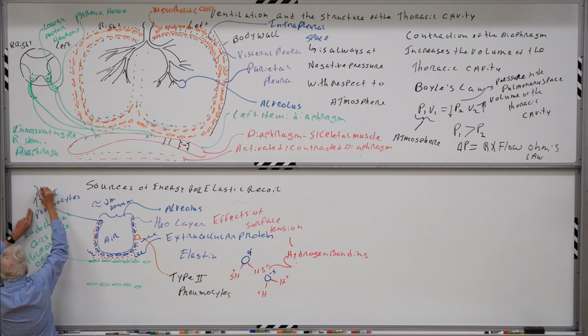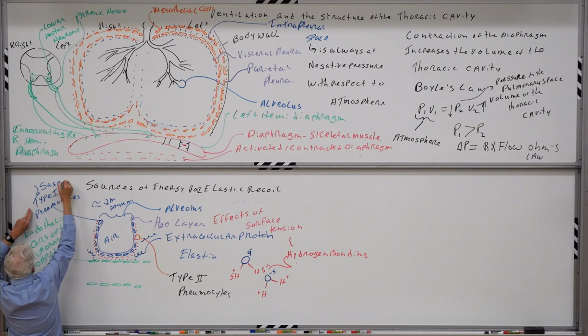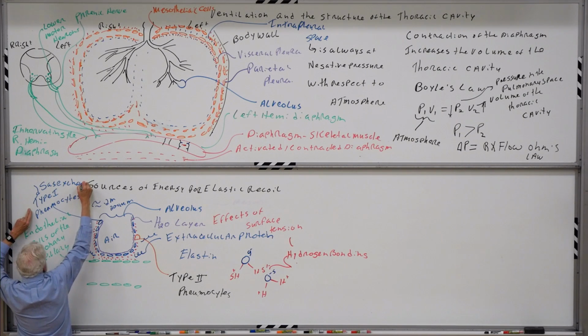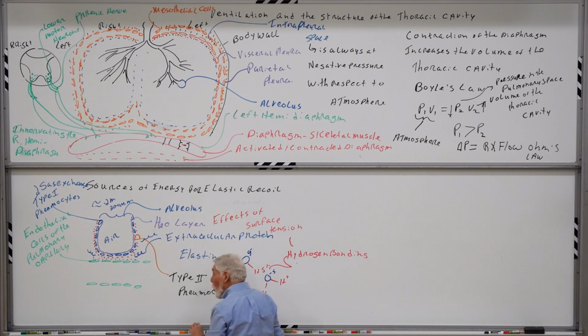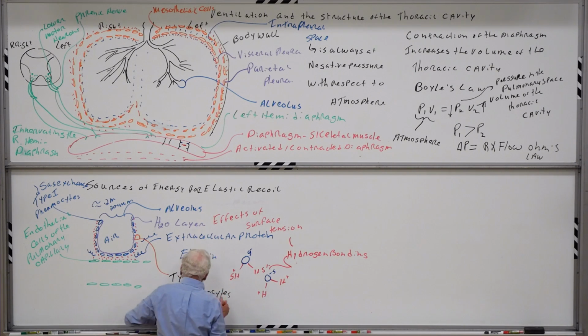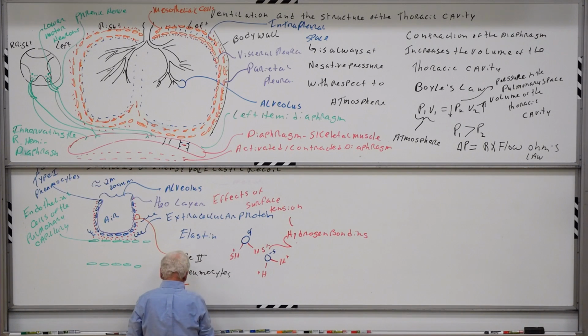And these are the sites of gas exchange. These orange type 2 pneumocytes have a different role. What they do is they secrete phosphatidylcholine.